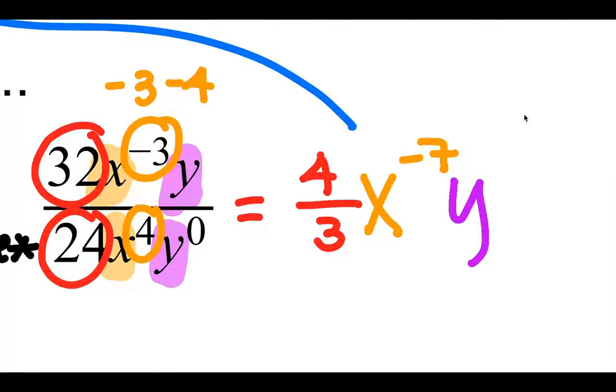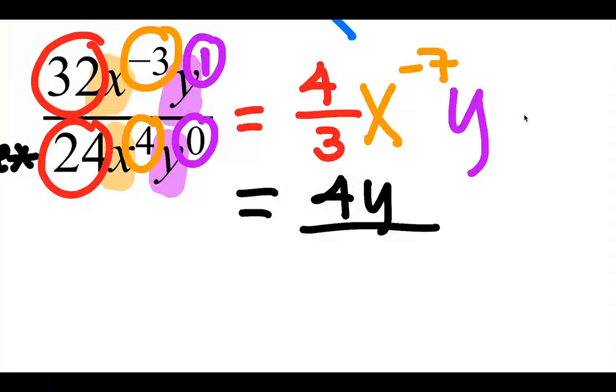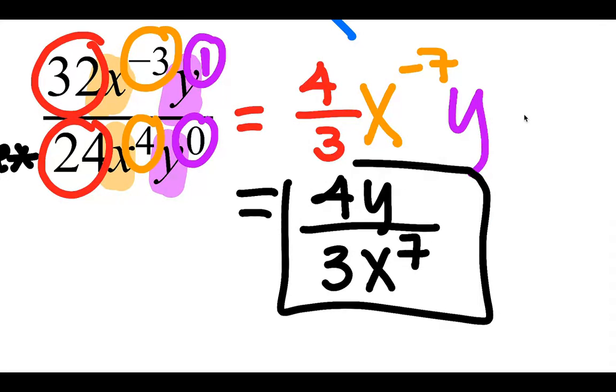And I've got y to no power, which is really, if it's not there, it's a 1. So I've got 1 minus 0. And I know 1 minus 0 is just 1. And I don't have to put the 1 there because I know if it doesn't have the 1 there, it's automatically that. However, this guy's unhappy. So I'm going to take 4's on top, y stays. The 3 is already on bottom, so I'm going to put him down there, and I'm also moving that x now to the bottom and making him happy. That's 7 positive now.